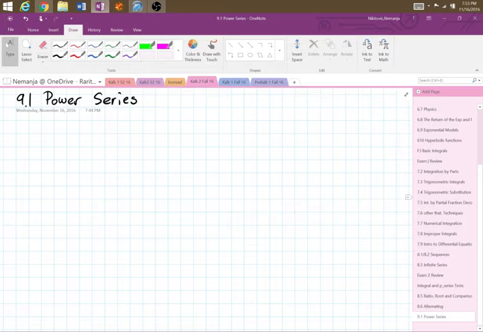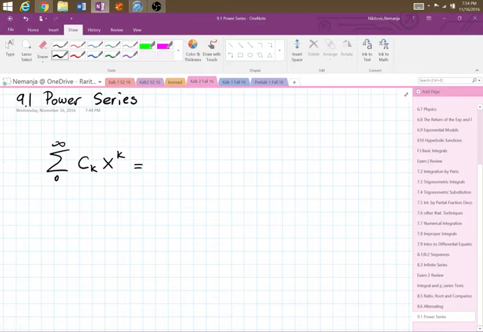So what is a power series? The general form for a power series is going to be the sum of some coefficient c_k times x to the k. You can start at 0 and go to infinity. So this would be the most basic form for a power series. What are its terms?